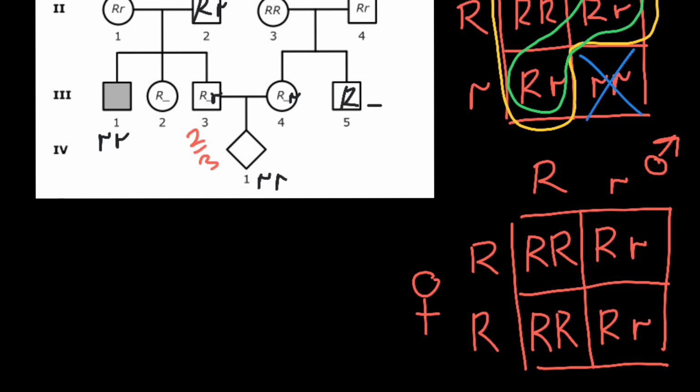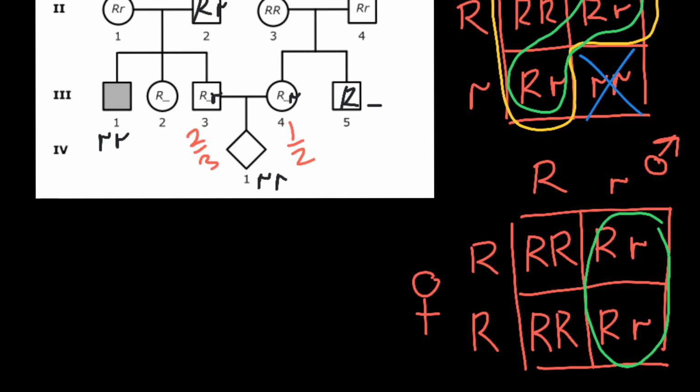As you see, the probability for the progeny to be heterozygous is 50%, 2 out of 4. 2 out of 4 is the same as 1/2, so 1/2. We have found that the probability of this male to be heterozygous is 2/3. The probability of this female to be heterozygous is 1/2, and this is not the end of our calculations.